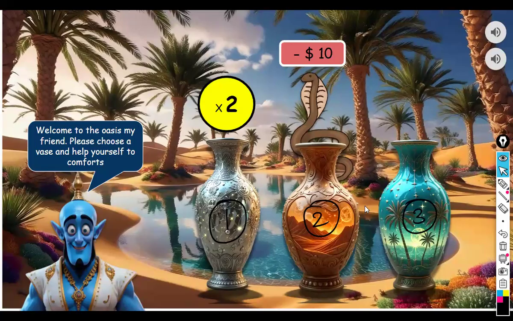So for the people who chose number 2, take whatever money you have and minus $10. Okay, no more jokes from my end. Number 3: multiply all the money you have by 3. So I guess the middle one was the worst choice. The last one was the best choice. Let me know your total.